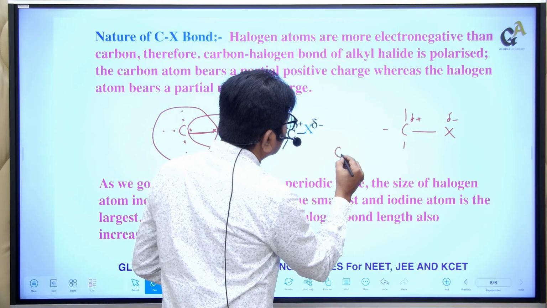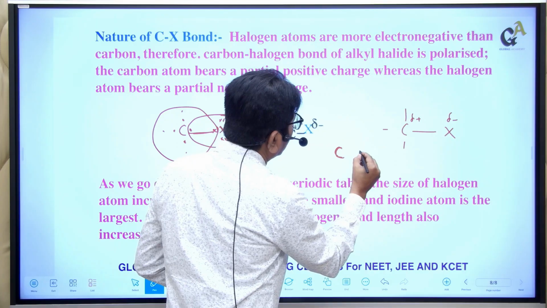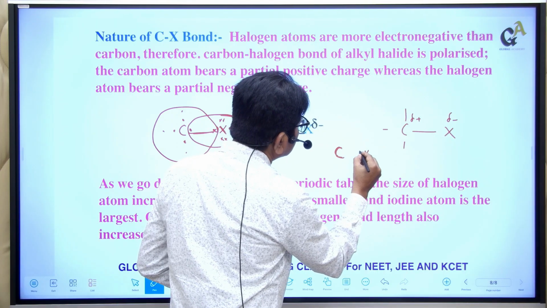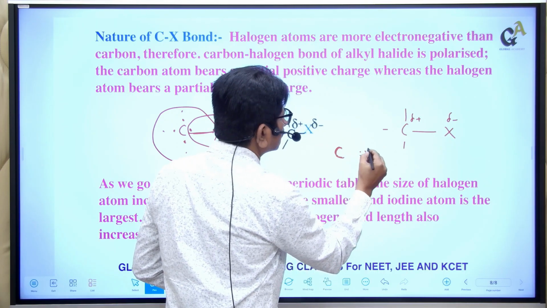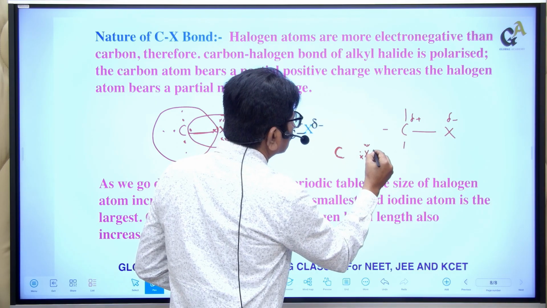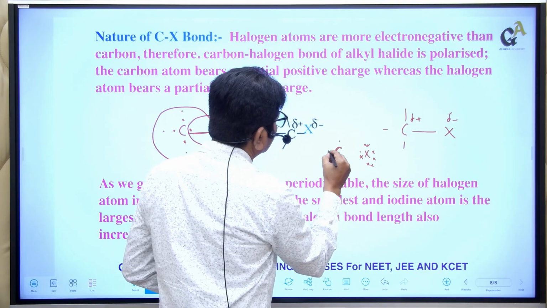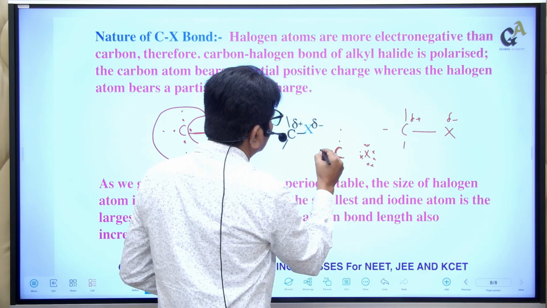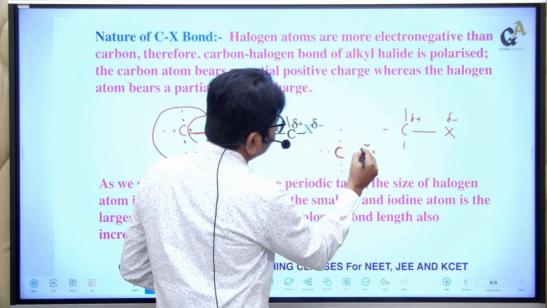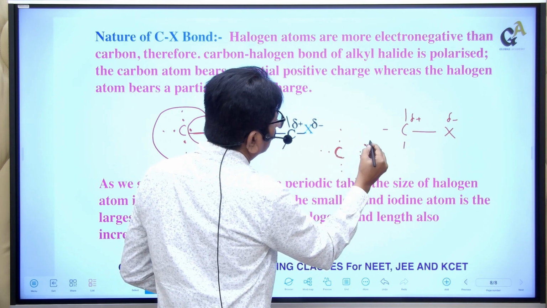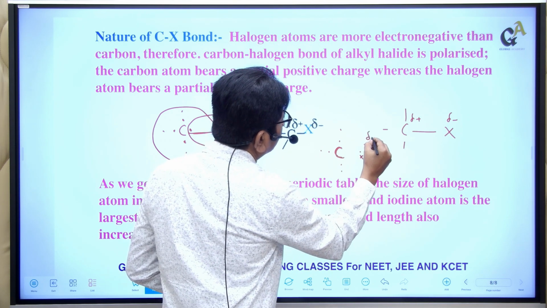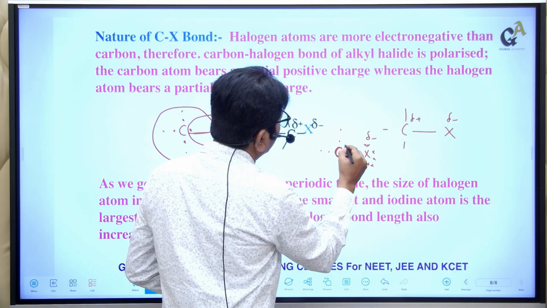This is the carbon and this is the halogen, and here you will have the hydrogens. So this pair is toward the halogen, and because of that it takes a slightly negative charge, and the carbon takes a slightly positive charge.